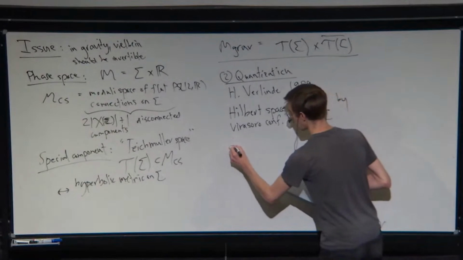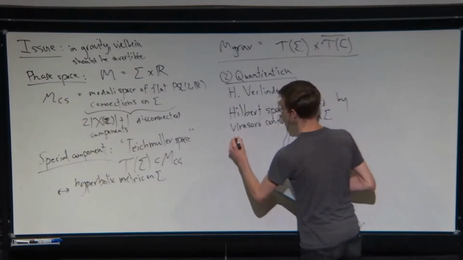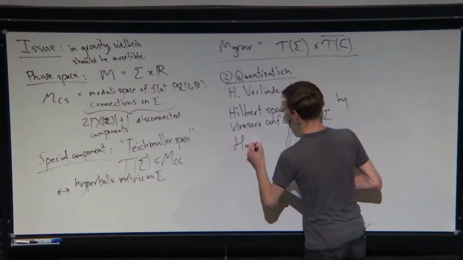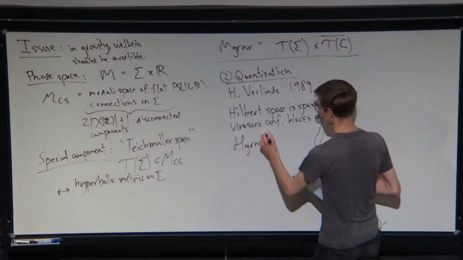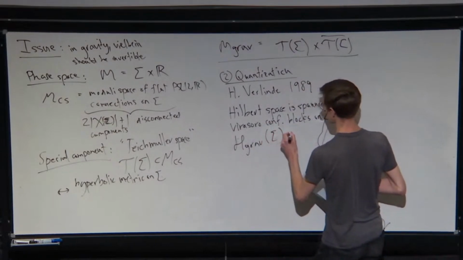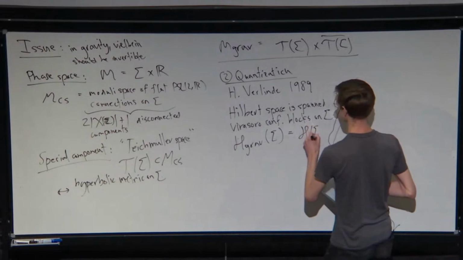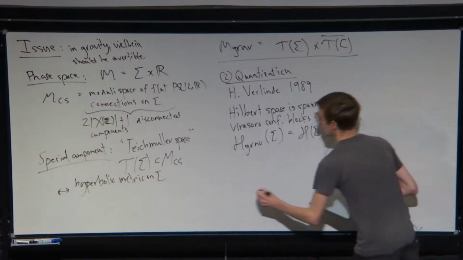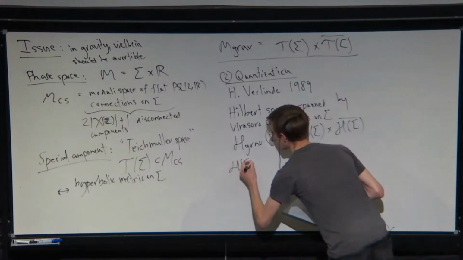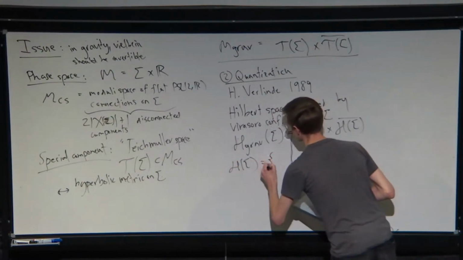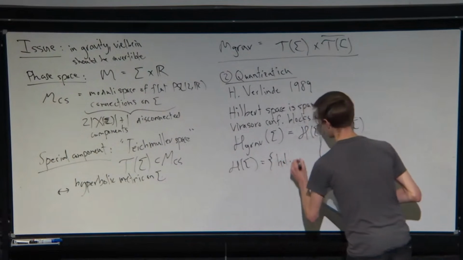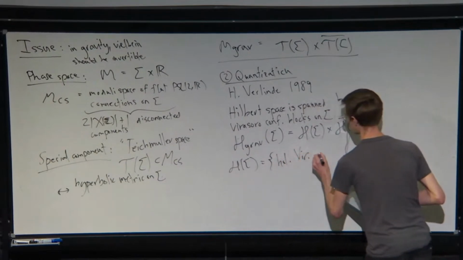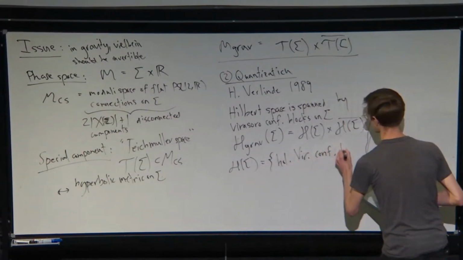So the precise statement is that the gravity Hilbert space, let me call this H grav of sigma, is given by 2 copies of this space H of sigma, where H of sigma is the space of holomorphic Virasoro conformal blocks.